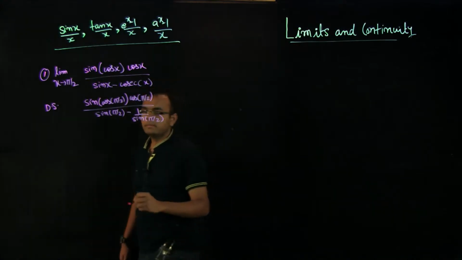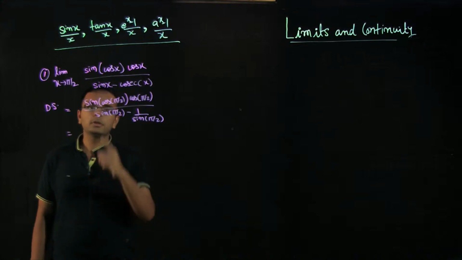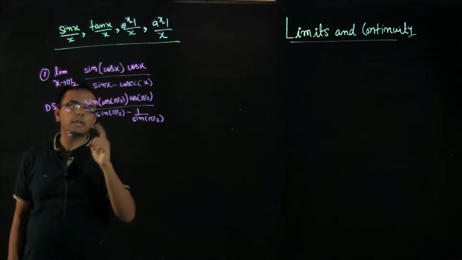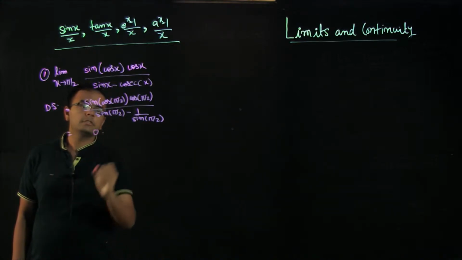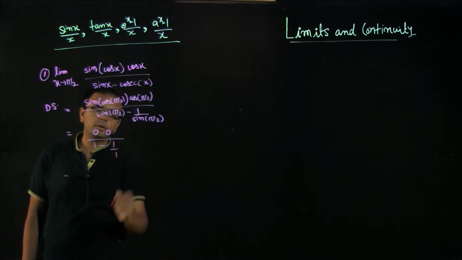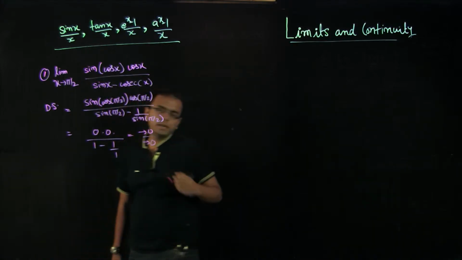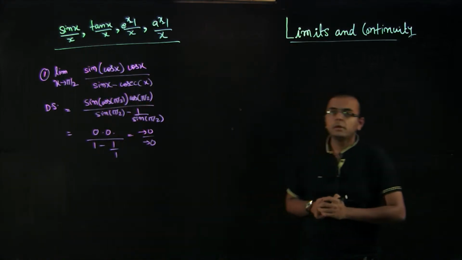If we substitute these values, cos of pi by 2 is 0, so sine of 0 is 0, cos of pi by 2 is 0, and sine of pi by 2 is 1, and minus 1 by 1. This is a 0 by 0 type problem. So we get an indeterminate form, that is clear.